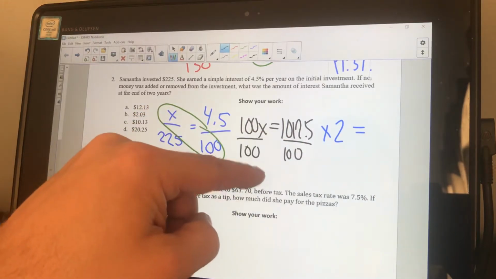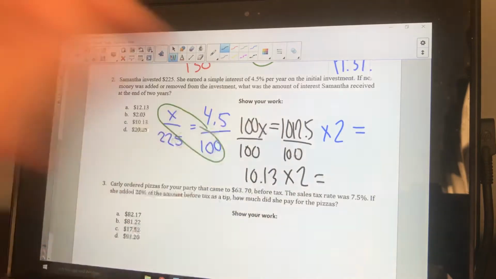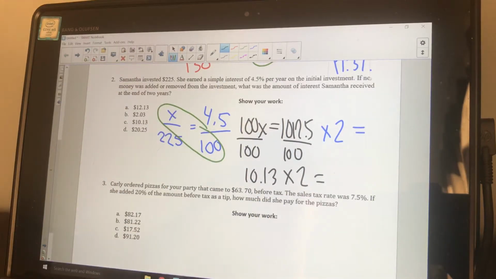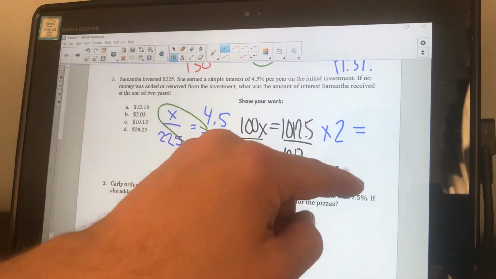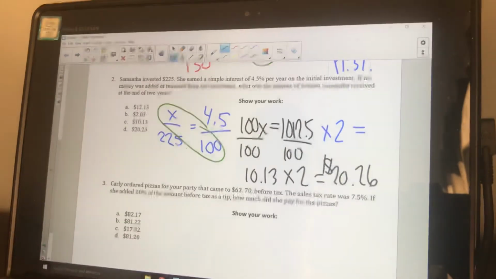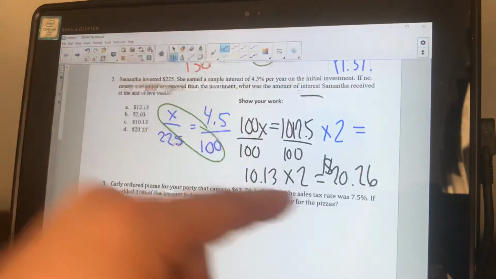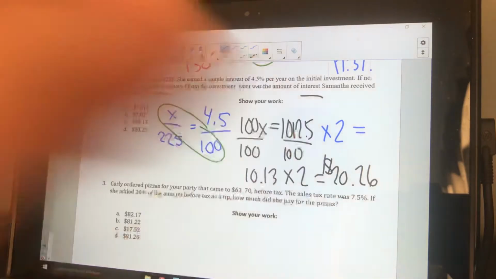That's $10.13. We need 2 of those because it's each year. Okay, she gets it for each year. That's $20.26. Okay, now what is the amount of interest? That's the amount of interest right there. So we don't need the whole amount.